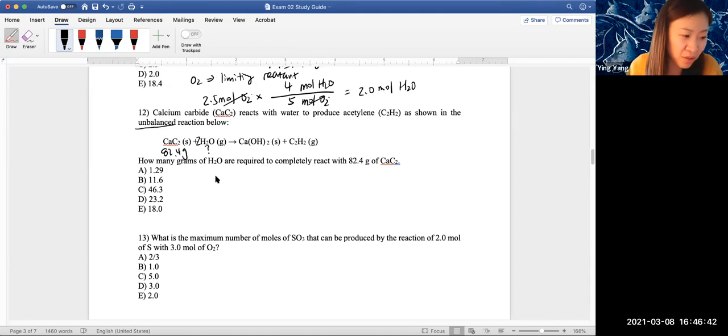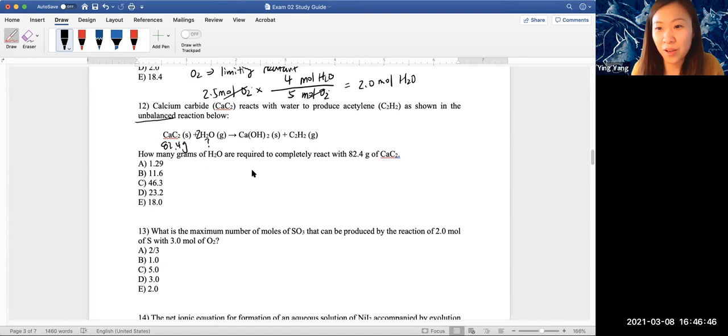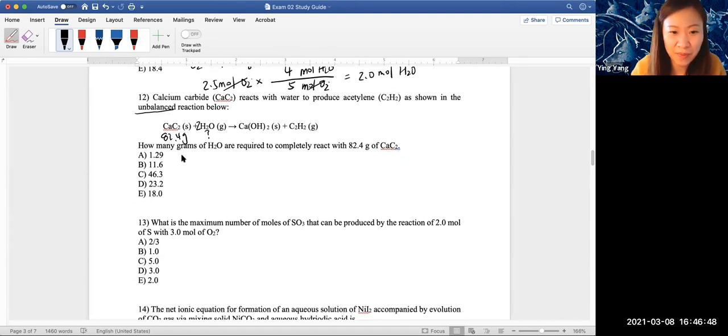And step number 2 is the main calculation in this question. So you know the grams of calcium carbide and how to find the corresponding grams of water. First you need to do is to convert the grams of calcium carbide to the moles of calcium carbide.